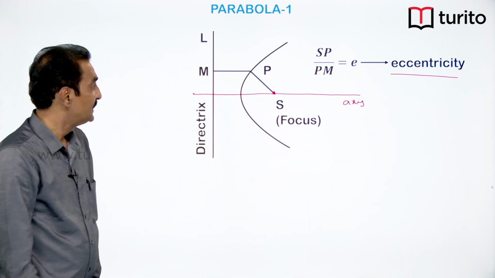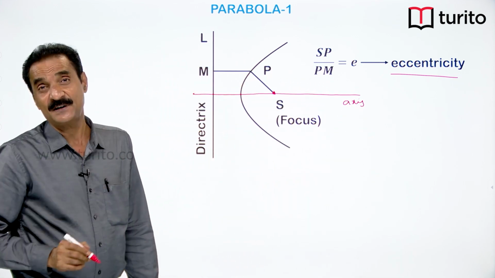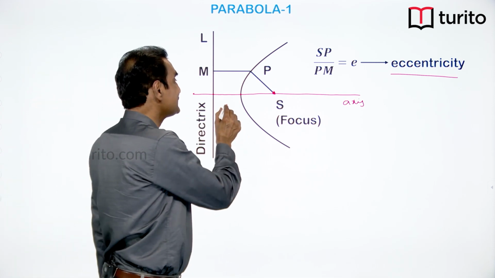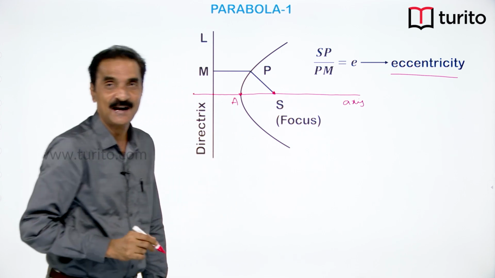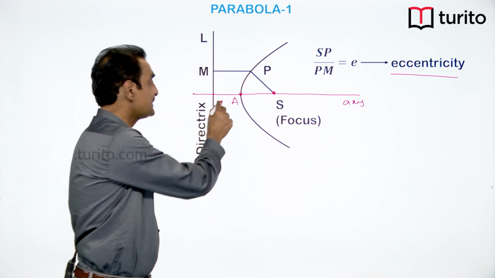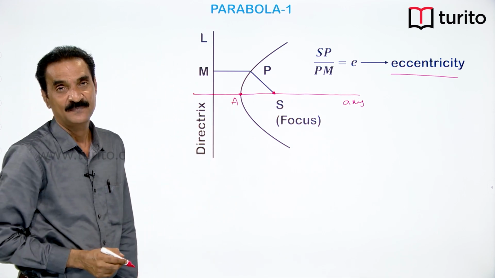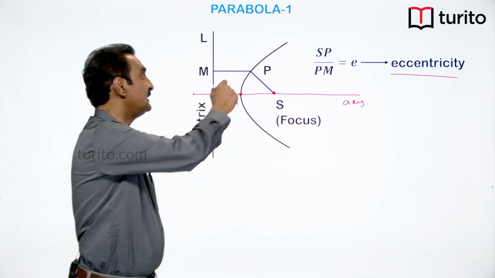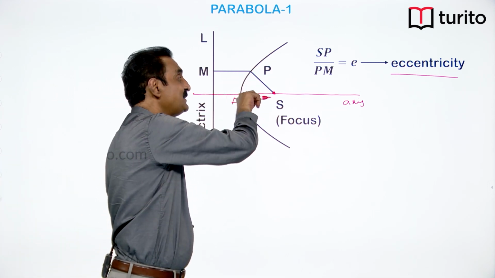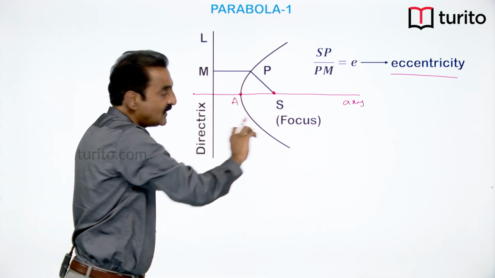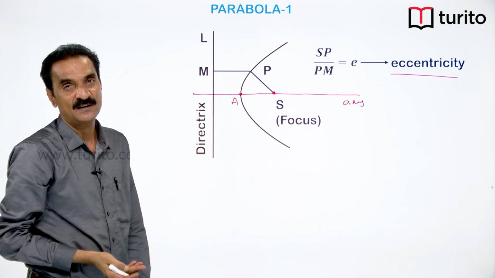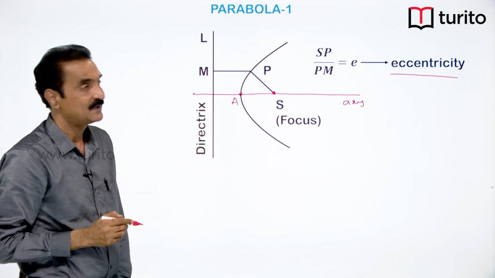Next, the point of intersection of the axis and the conic is called vertex. Usually it is denoted by capital A. So, this is the vertex of the conic. And every conic will be symmetric about its axis. See, the above one and below one will be mirror images of each other about the axis.